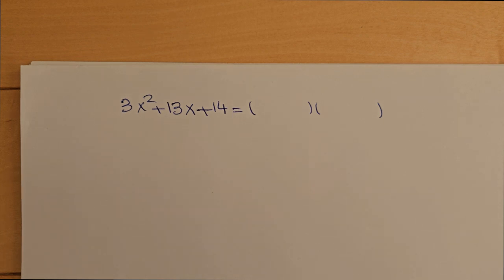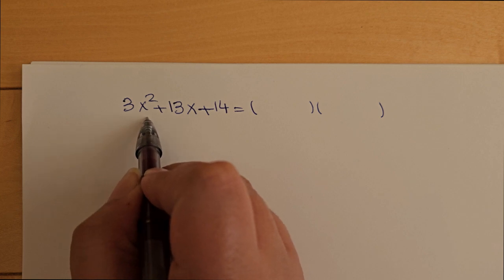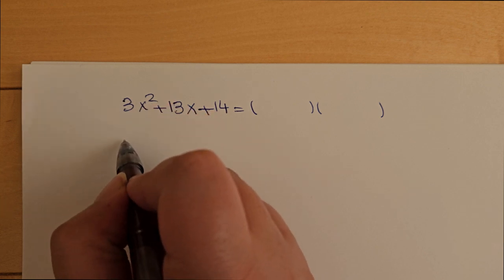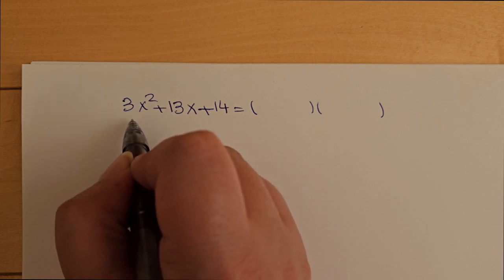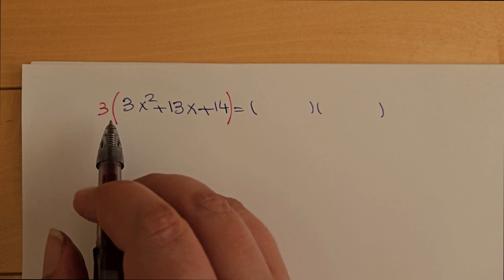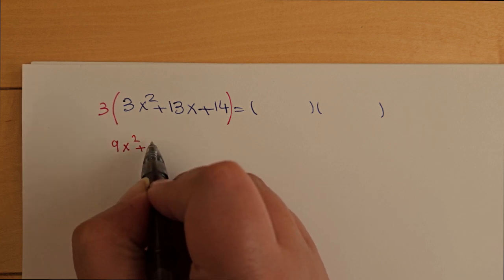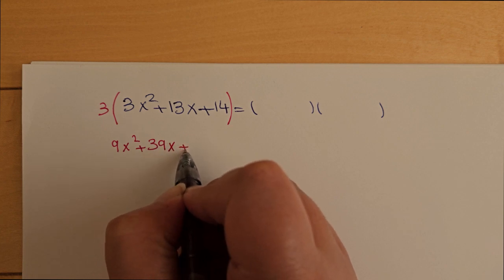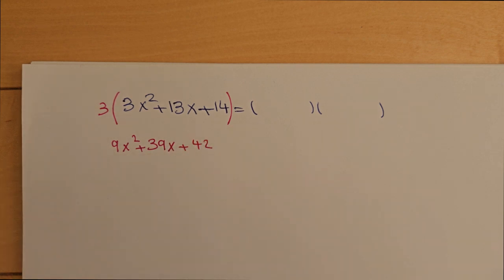What I have to do now, I have to make one of these terms a perfect square. So I have to multiply it by 3 so that it becomes 9x², right? 9x² plus 39x plus 42. And then this one would be a perfect square.